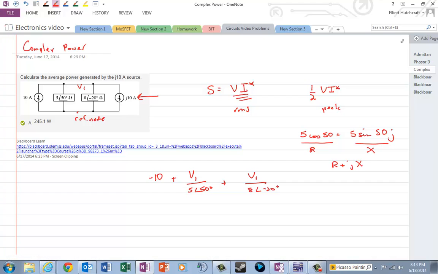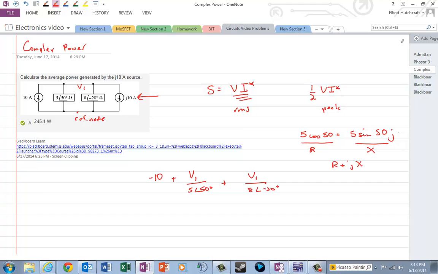That's not really a big deal, but it is something we can take into account. Since the angle is positive for the 5 angle 50, it's partially inductive because of the plus J sign. The 8 angle minus 20 gives a negative reactance, so that would be capacitive, because remember, impedances for inductors are J omega L, so you'd expect plus J's. Impedance for capacitance is minus J over omega C, so you would expect negative reactances there.